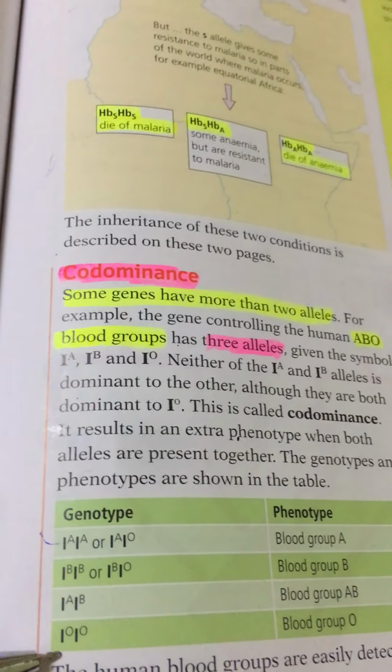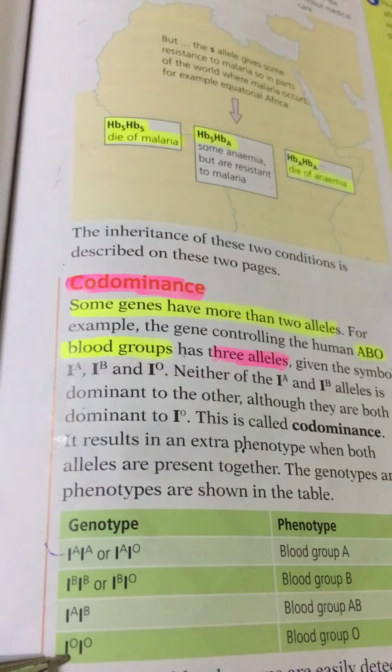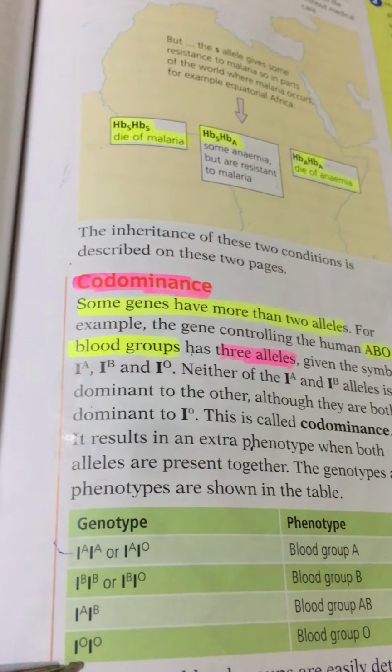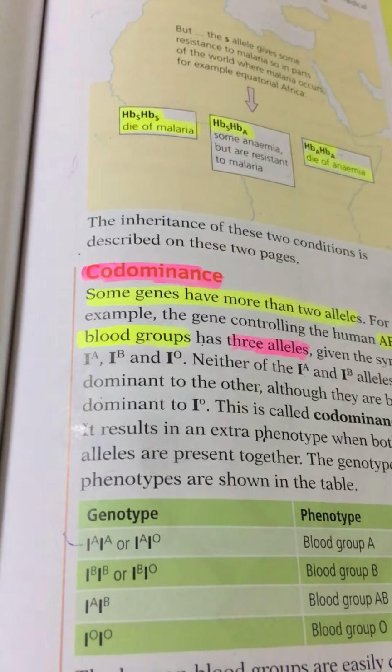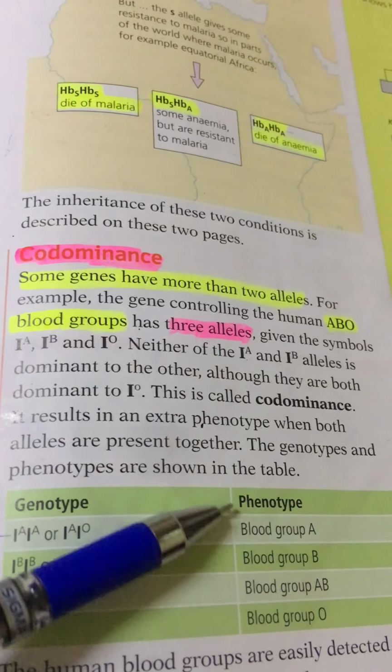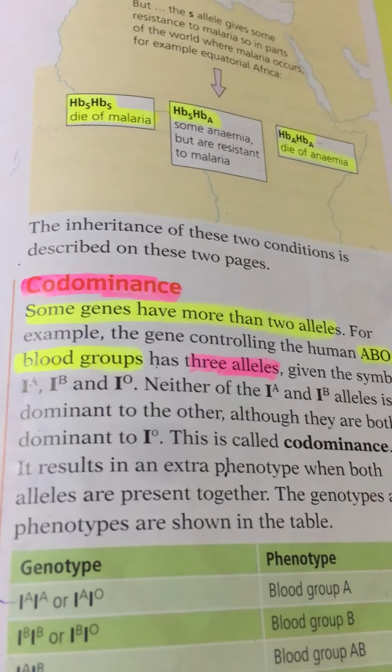What about the last group? Group O, we have to get 2 IO small. So here the genotype and here the phenotype from which group.